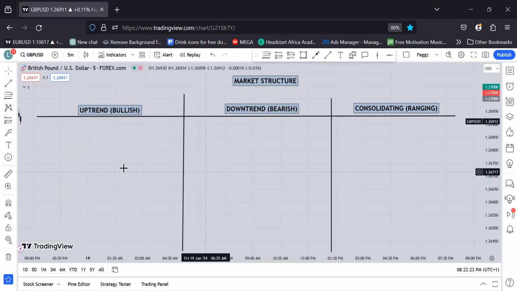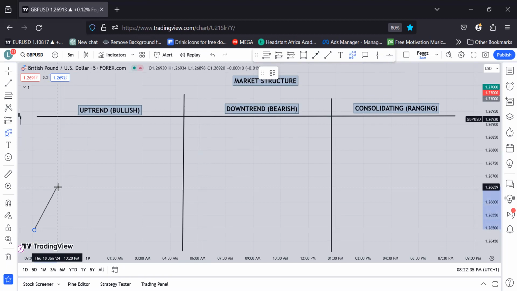Okay. Now in an uptrend, what you normally see is price going up. It will get to a certain height, stop, and then start coming down. When it gets to a certain height, it will stop and start going up again.